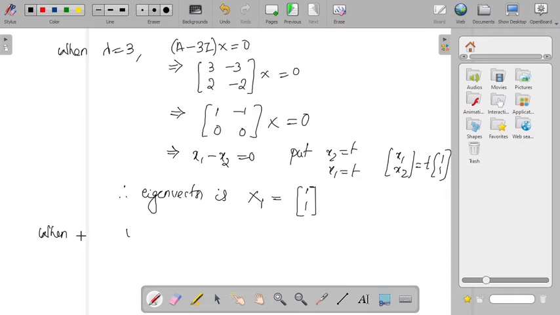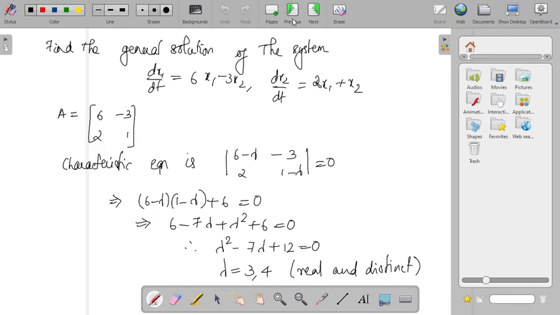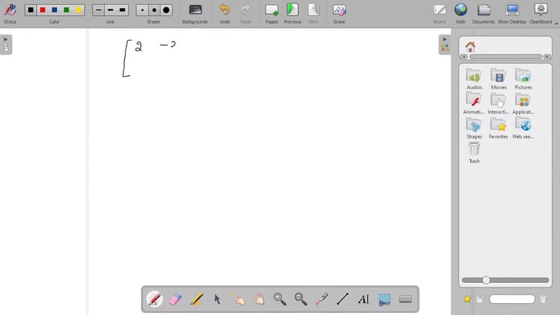when lambda is equal to 4, the equation is (A minus 4I)x equal to 0. That will give us 6 minus 4, 2, then minus 3, and 1 minus 4 is minus 3, times x equal to 0.